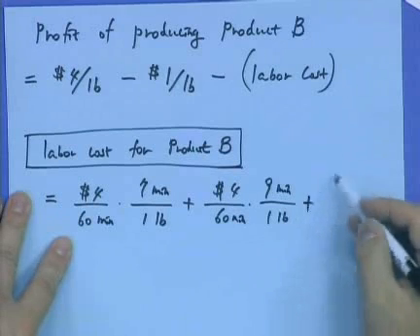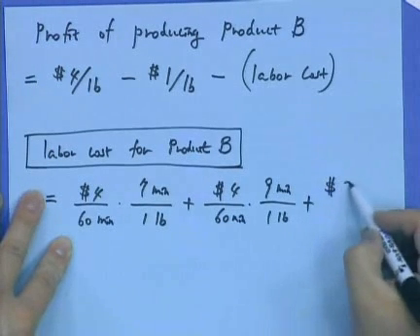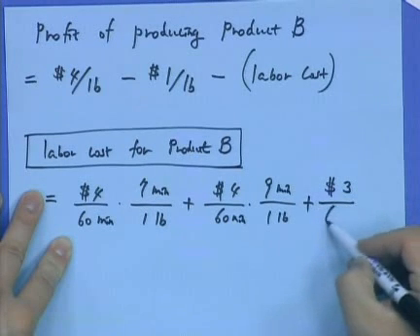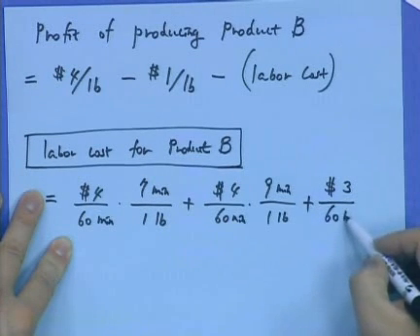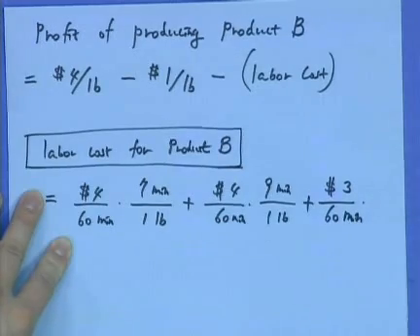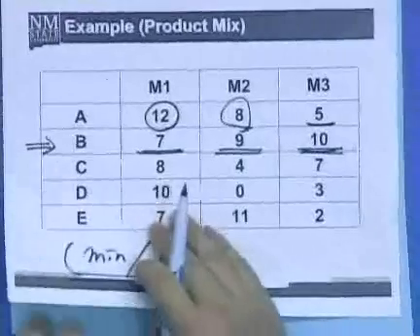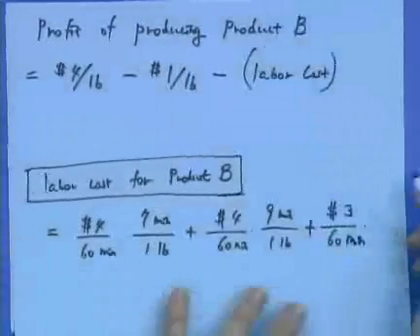And for the third machine, the variable labor cost, which is $3 per 60 minutes, times the 10 minutes per pound. Okay?